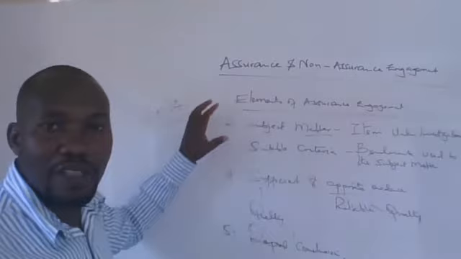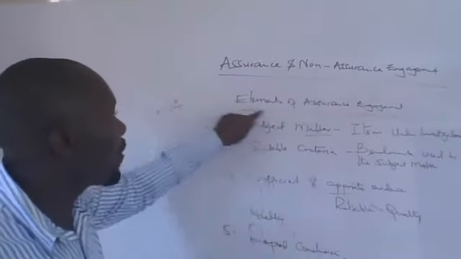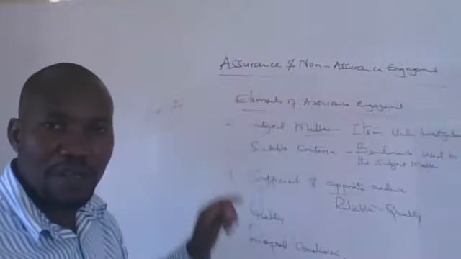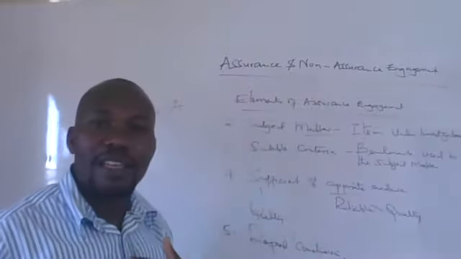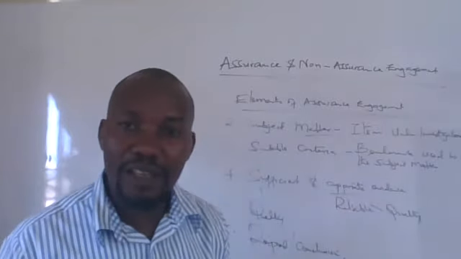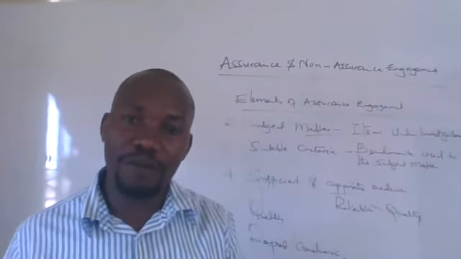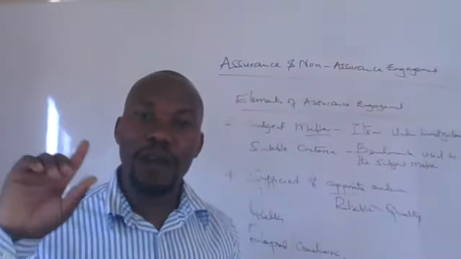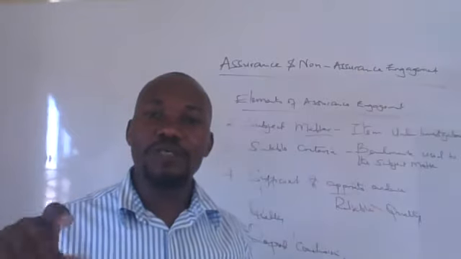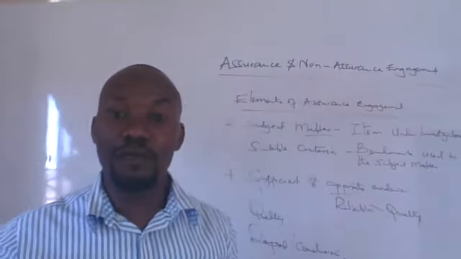So number 1 was the three-party relationship, and the three parties appear as part of the elements. Number 1 is the practitioner himself. There are 3 people: the practitioner, the responsible party, and the user of the financial information. We're giving an example of an audit. An audit report is gazetted because it is going to be used by users of the information.